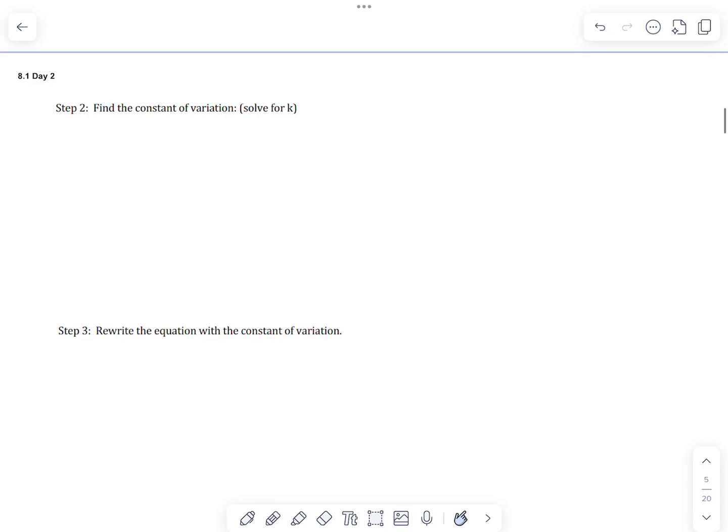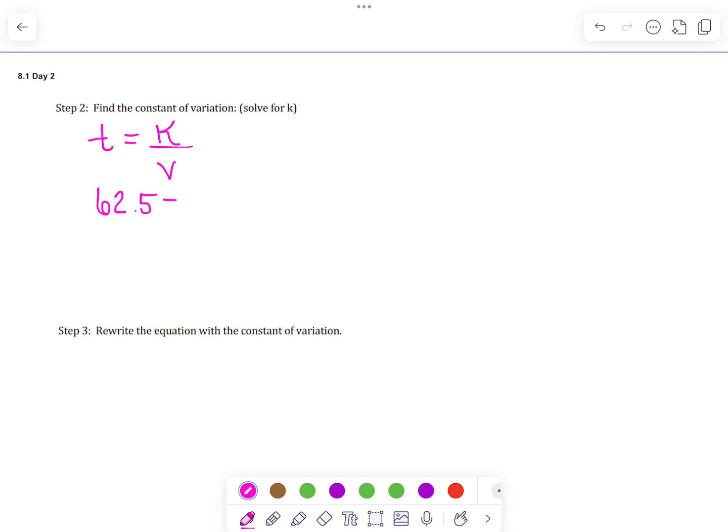Now we're going to substitute our x and y into the equation. So again, that was time equals our constant of variation over the number of volunteers. The time was 62.5 hours. The number of volunteers was 20. So there's a substitution.